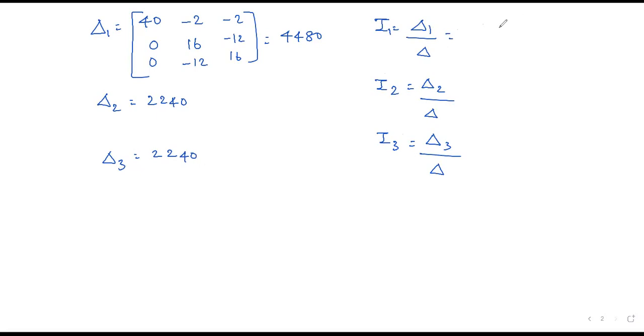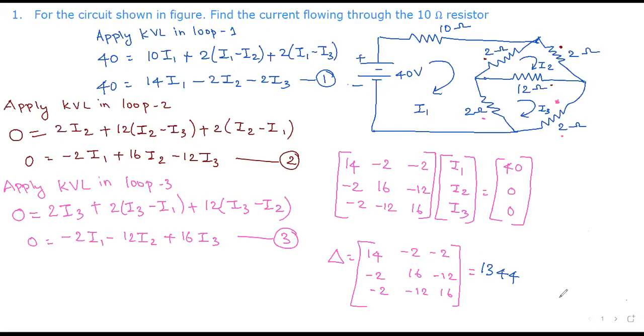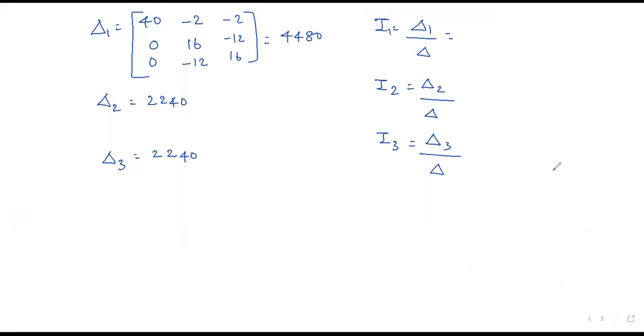The denominator is the same for all, 1344. So del 1 is 4480, and del 2 and del 3 are 2240.